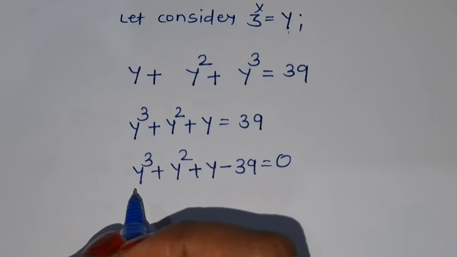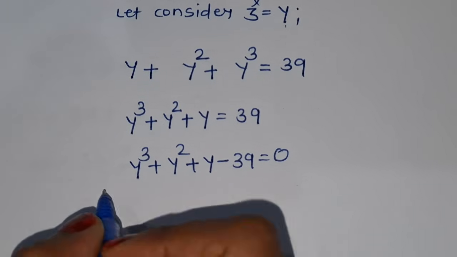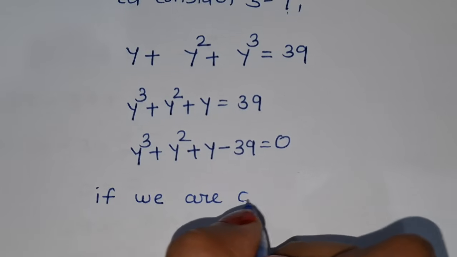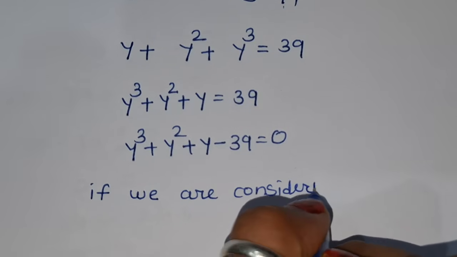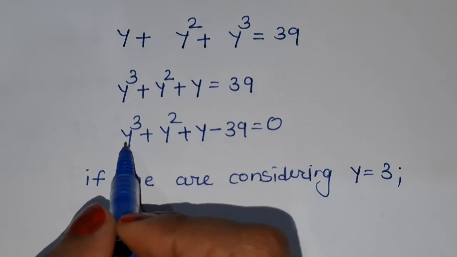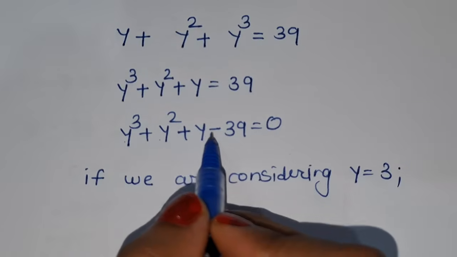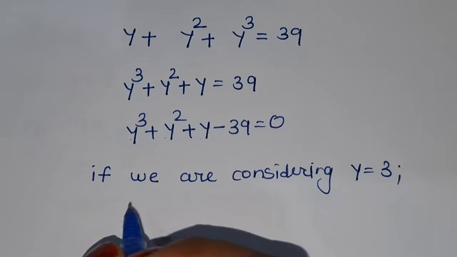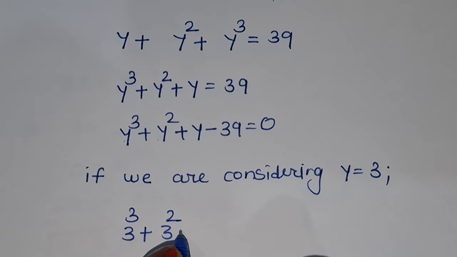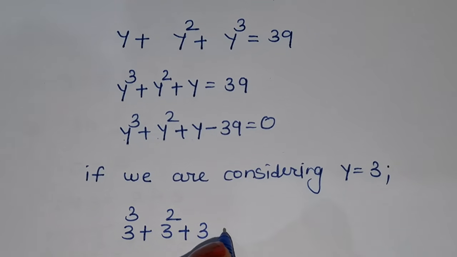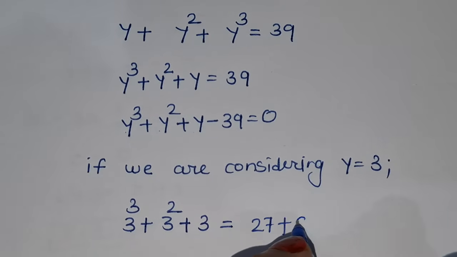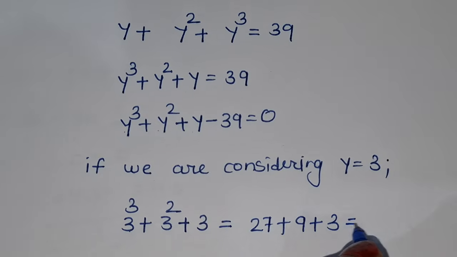If we consider y equal to 3, it becomes 3^3 + 3^2 + 3 - 39. 3 cubed is 27, plus 3 squared is 9, plus 3 is equal to 39.